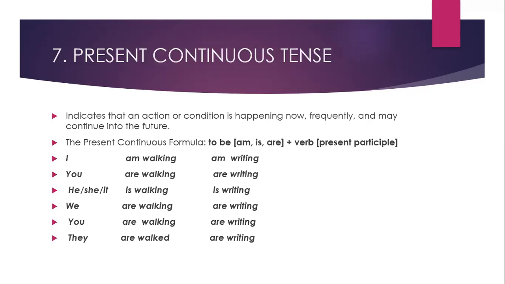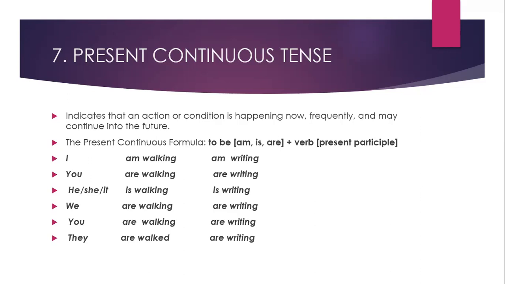Now we have the present continuous tense. The present continuous tense indicates an action or condition that is happening right now, happens frequently, and may even continue into the future. You are doing it now, but will continue into the future.